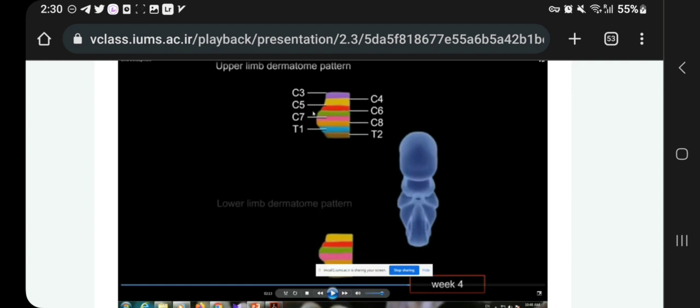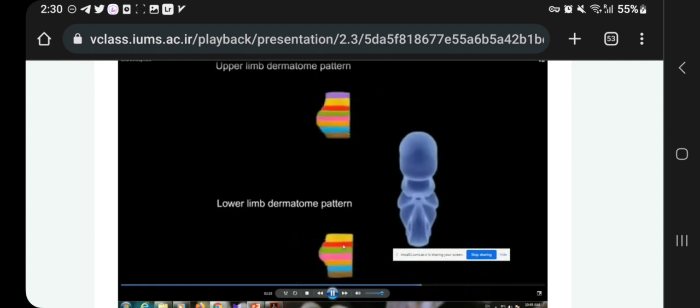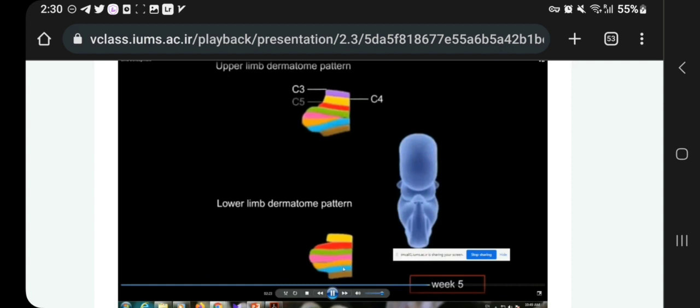after the rotation, it changed. Look here, for the lower limb it is opposite, L2 until S3.